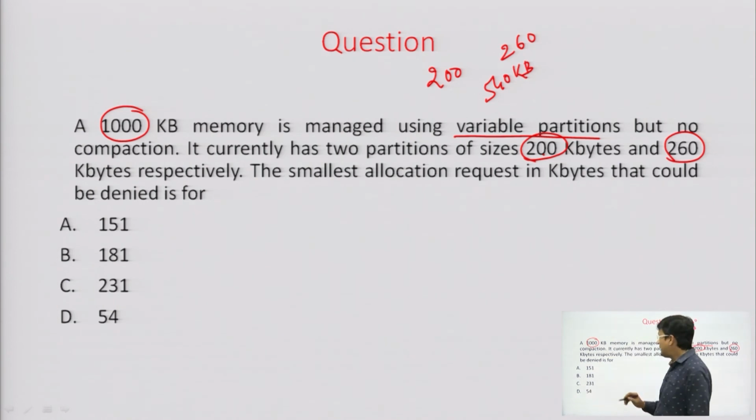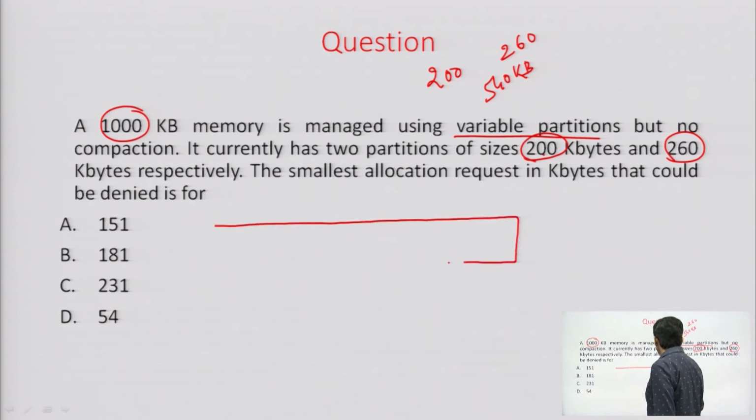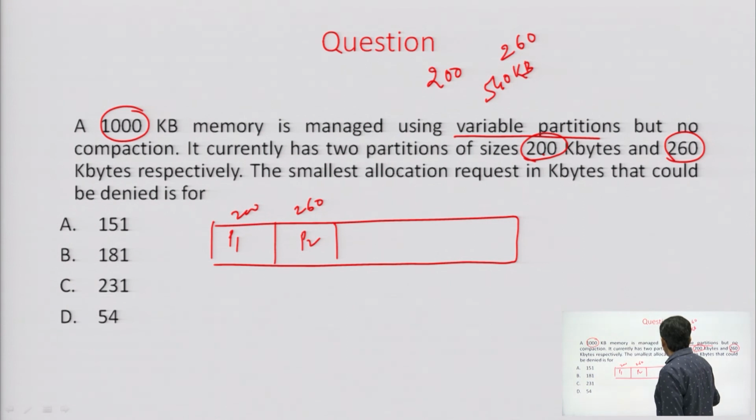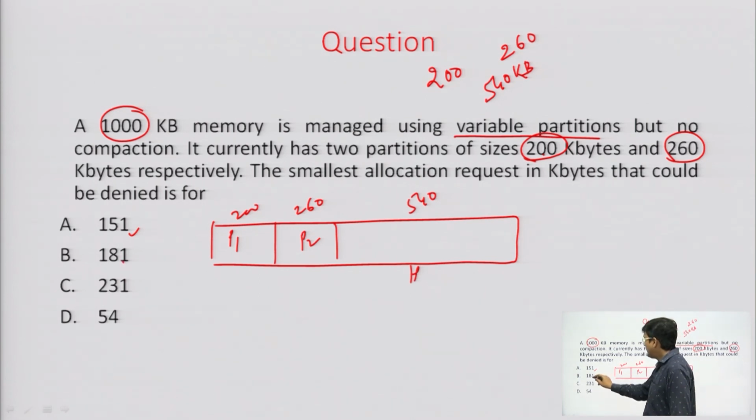This 540 KB memory which is free can be like this: 200 size partition here and 260 here, and then 540 here. Can you deny 151 in a 540 size hole? No. 181? No. 231? No. 54? No. All these processes can be accommodated here.